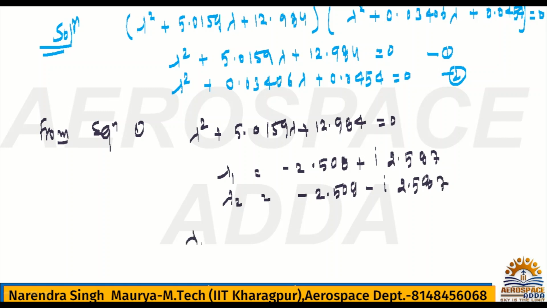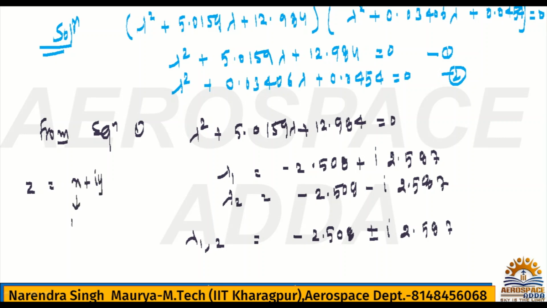So the roots lambda 1,2 are minus 2.508 plus or minus i 2.587. If you have gone through the complex number chapter in engineering mathematics, sometimes a quadratic equation gives complex values, meaning real and imaginary both. In a complex number the format is x plus iy.